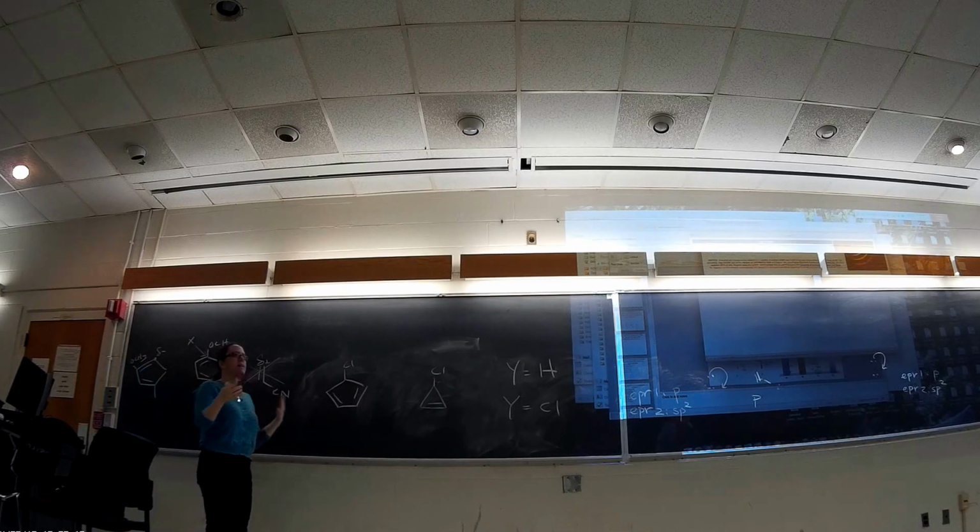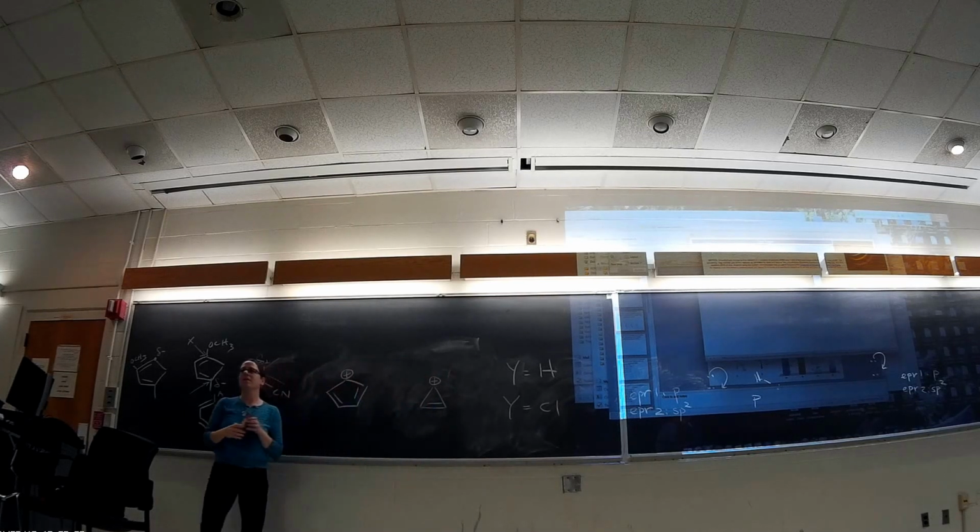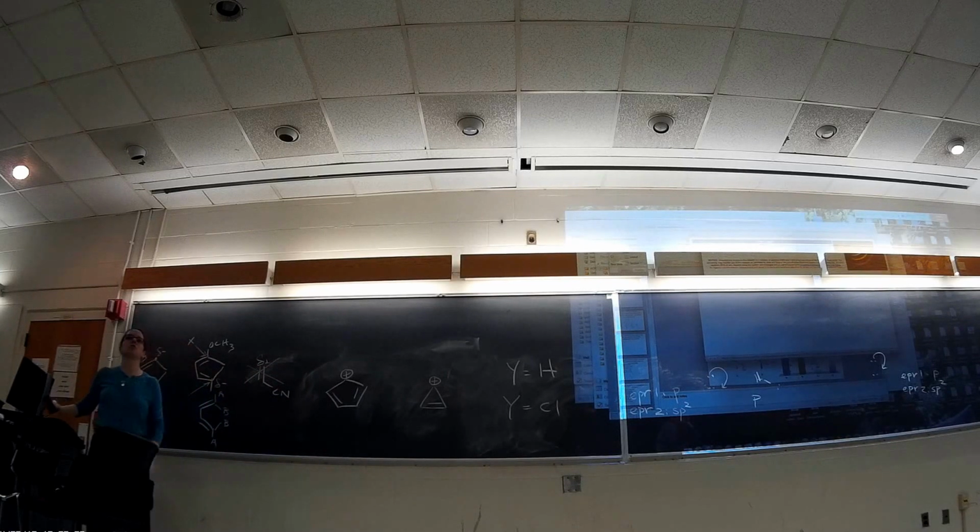Okay, so in this case, I would rip off the Cl and put in its stead a positive charge. The second one is faster, right?